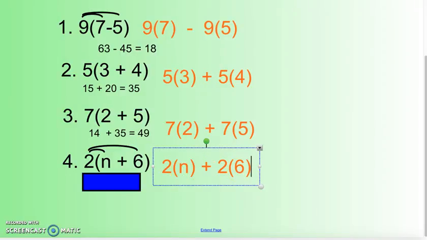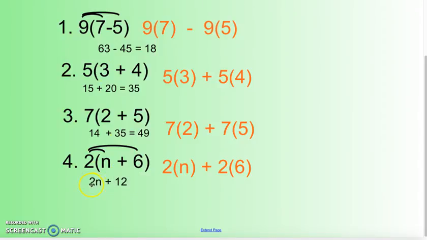So this is how it's going to be written. 2n, because remember you can put them next to each other and it still means multiplication. So 2n plus 2 times 6 is 12. This is really the only way we can write our answer, because we don't know what n is, so we can't get a single number as an answer.